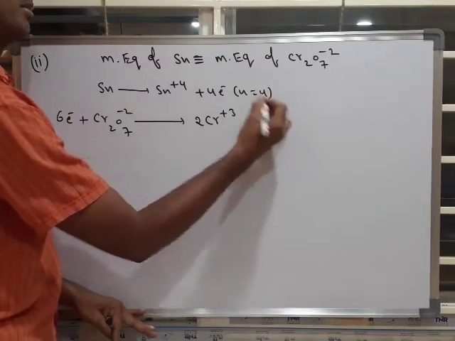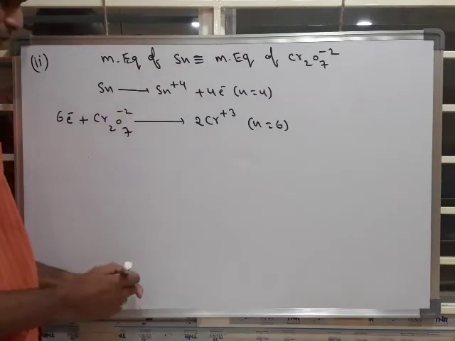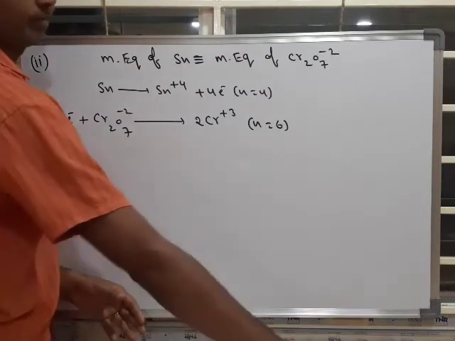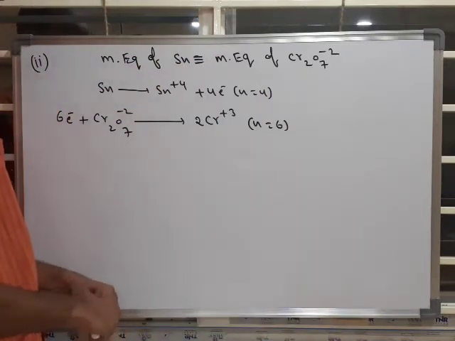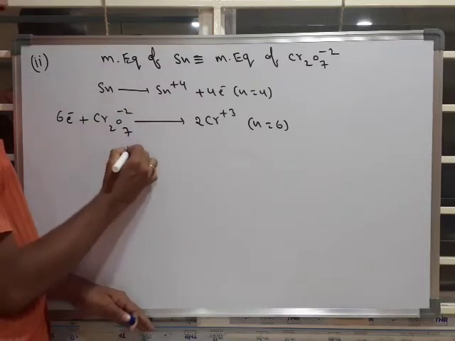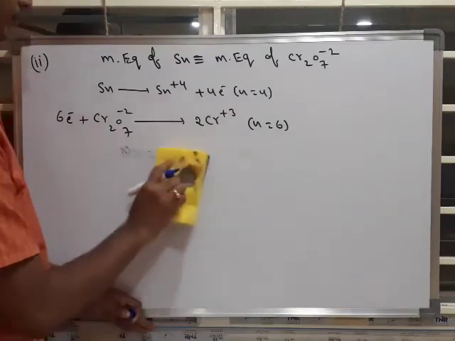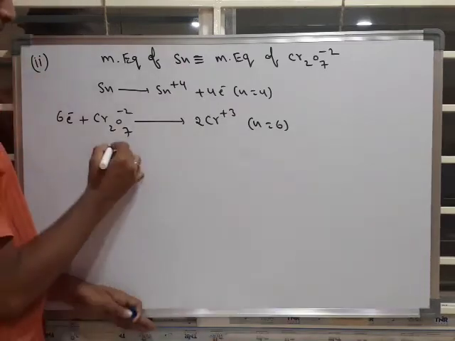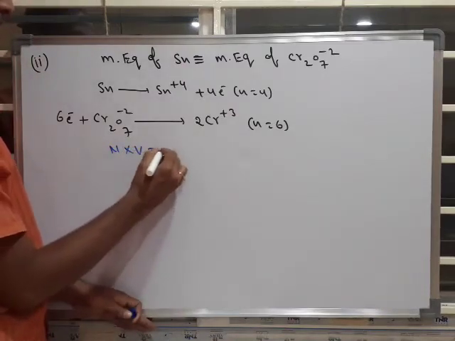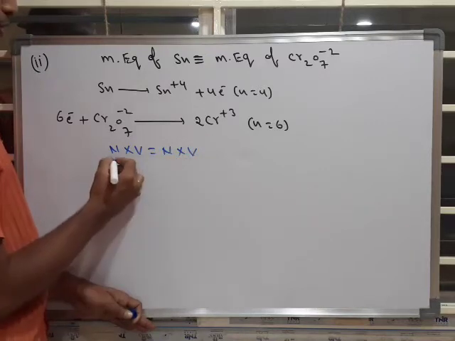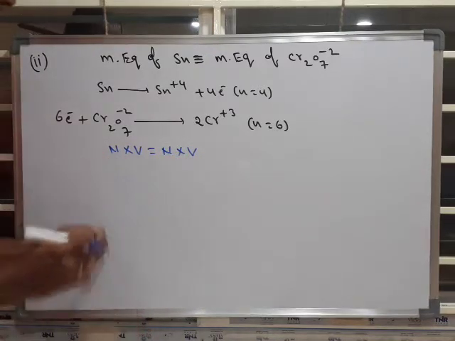N factor equals 6. So now let us follow this. Milli equivalents means normality into volume. So the normality, I am not expanding this.